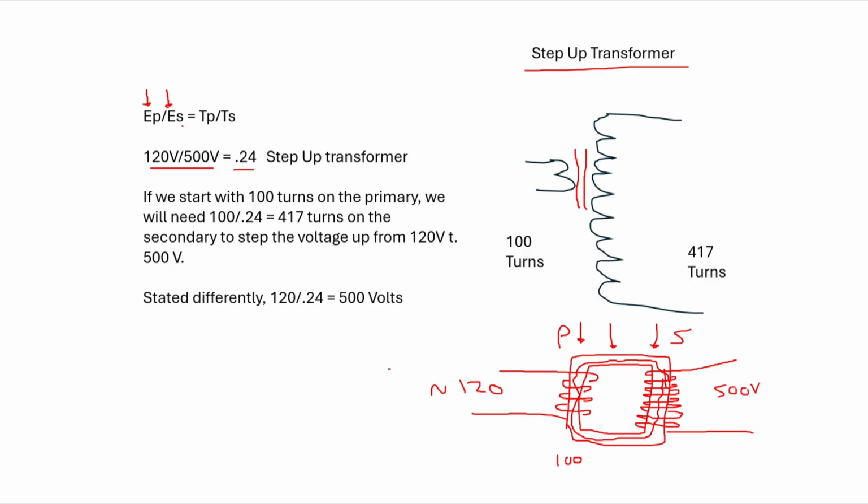All right, let's say we start out with 100 turns on the primary right here. I know that I want to input 120 volts, and based on my design, I want to output 500 volts. So how many turns do I need on the secondary? First, I calculate the turns ratio. 120 divided by 500 is 0.24. That's going to be the same ratio as turns primary to turns secondary.